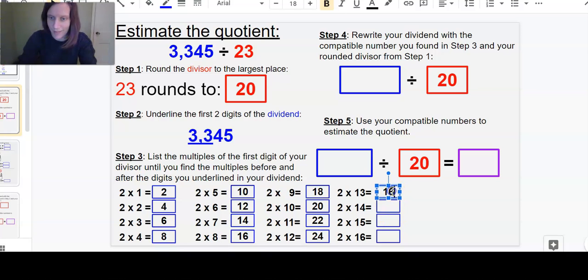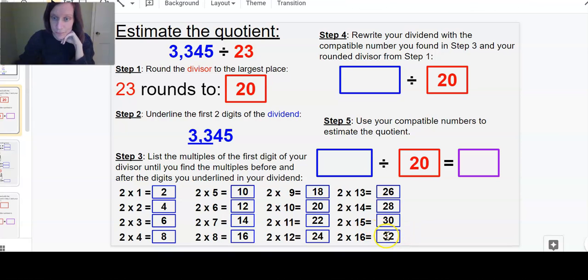Oops, that's wrong. That's 16. It's 26. 28, 30, 32. All right, 32 is very close to 33. So that's the compatible number I'm going to use.